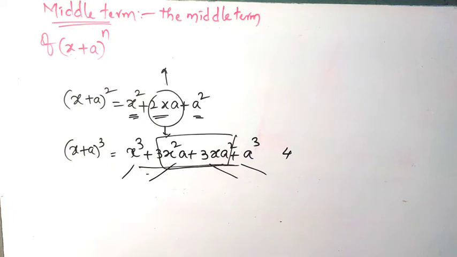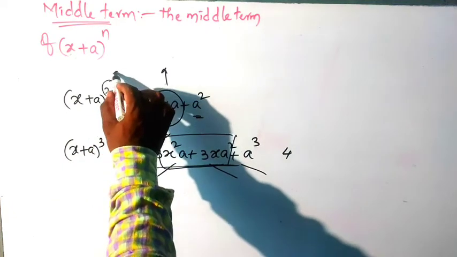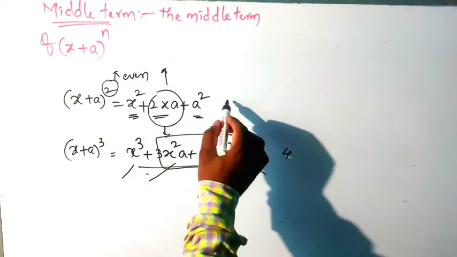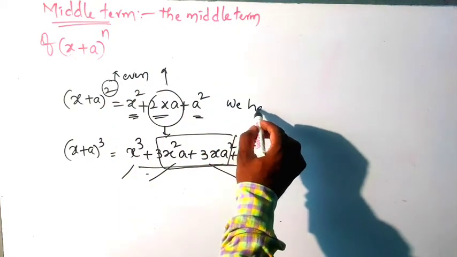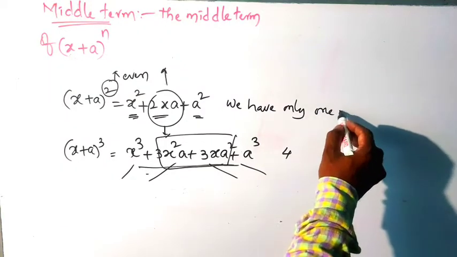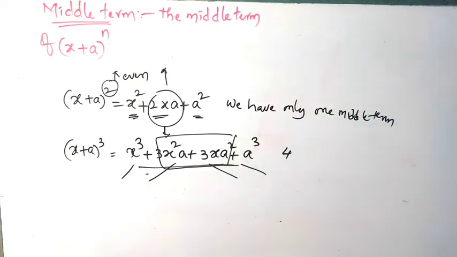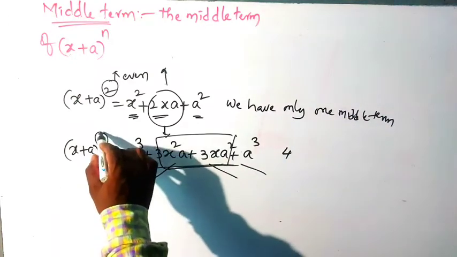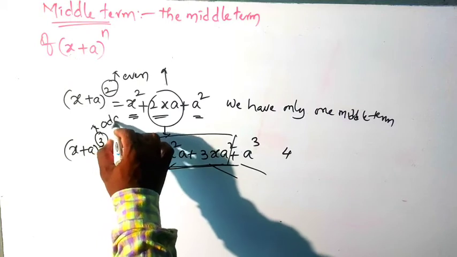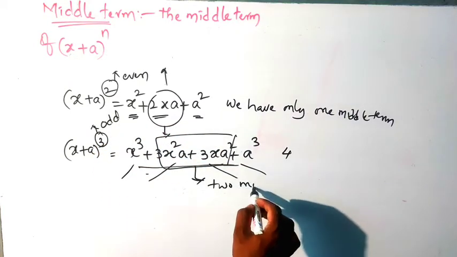So how to take? Suppose n is even, then we have only one middle term. Now if n is odd, 2 middle terms exist. Observe this one, 2 middle terms.